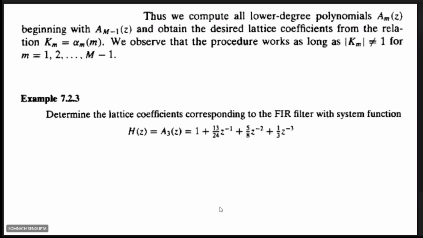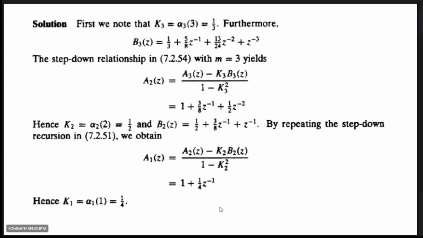How will we calculate? These are given as coefficients. You see how it is done. First we know that K3 is equal to alpha 3 3.